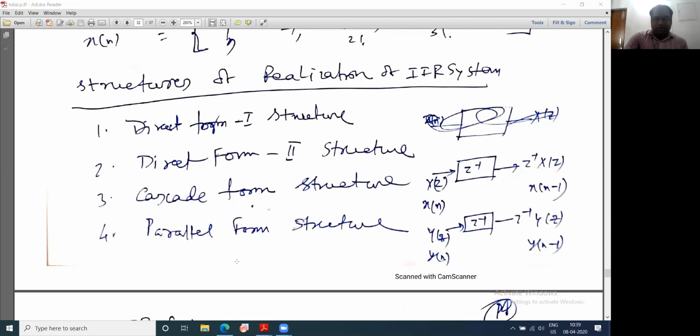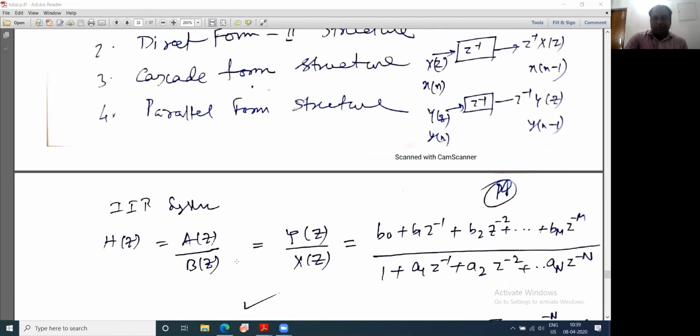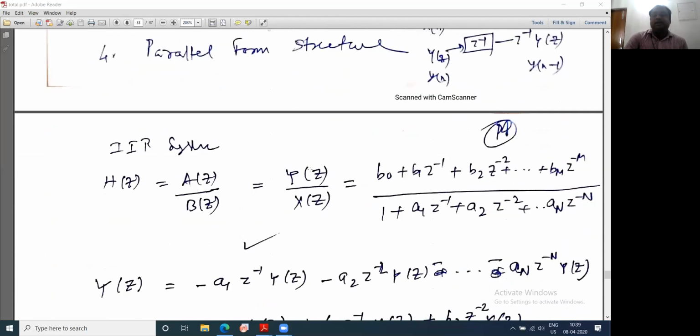Okay. Now, yesterday what we have discussed, do you have any doubt? IIR system realization. What we started yesterday, we said that for an IIR system, A(z)/B(z), that means at least B(z) will not be equal to 1, or both will not be equal to 1, then also it is an IIR system.